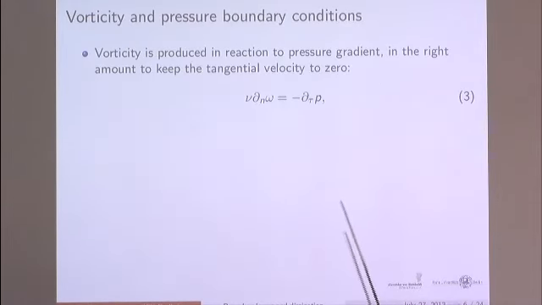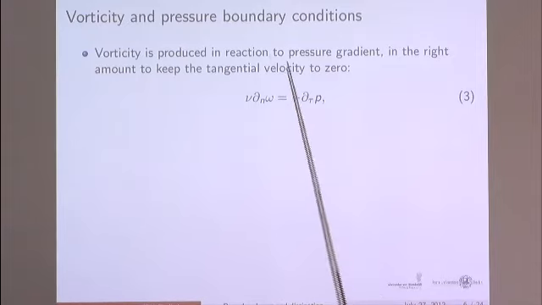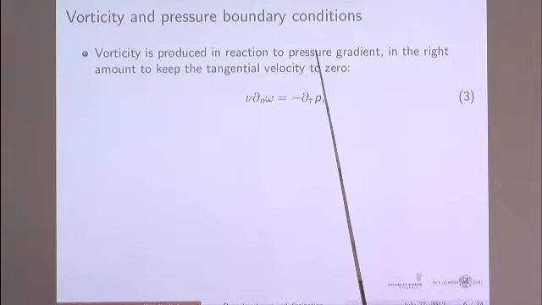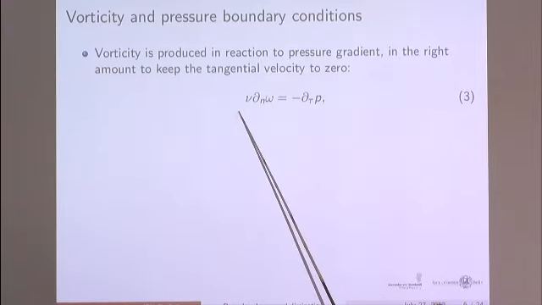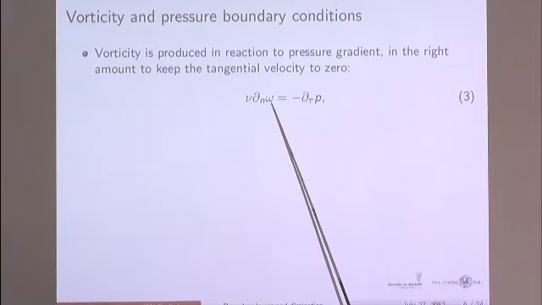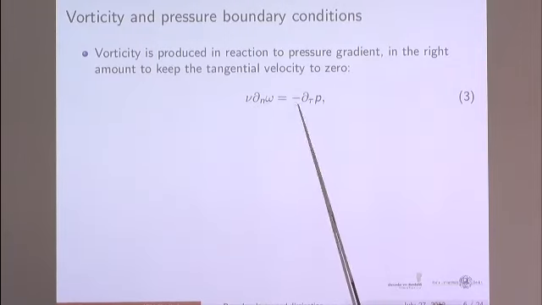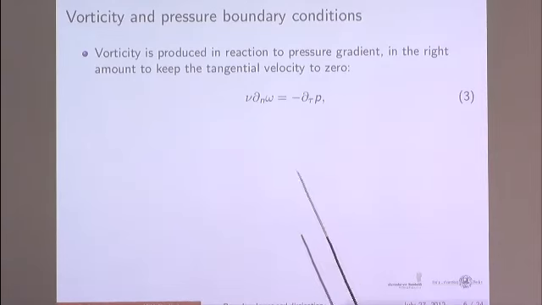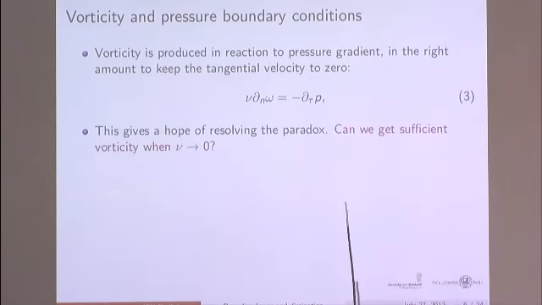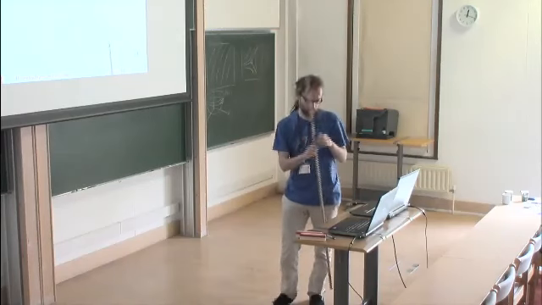And as you know, vorticity is created at boundaries in reaction to the pressure gradient. And we have this equation, which tells us that the flux of vorticity at the boundary is related to the tangential pressure gradient at the boundary. So that's good, but the problem is when nu goes to 0, can we get sufficient vorticity to have the dissipative scaling that I showed earlier?